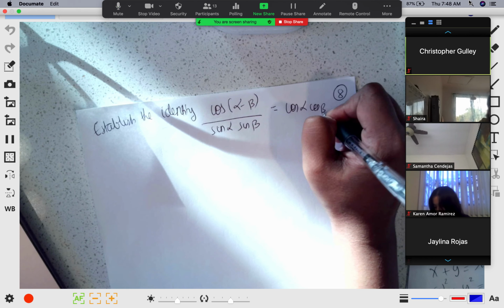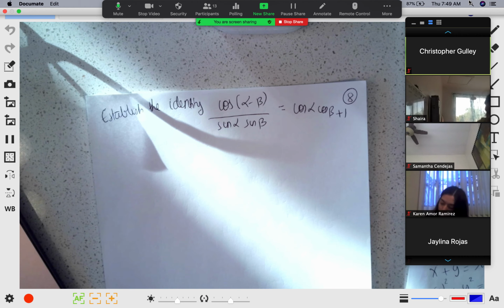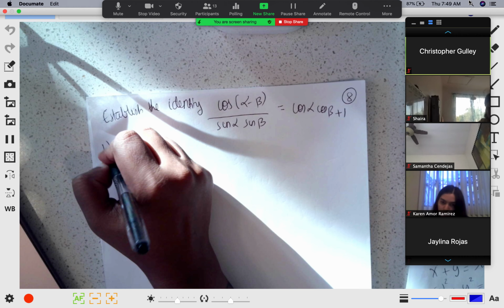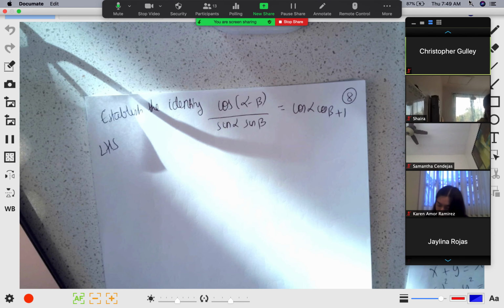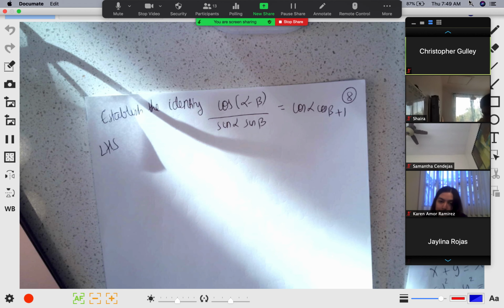Again, when you have to prove something, you start with your left-hand side, or with the side which is most complicated, and prove it equal to the other side.